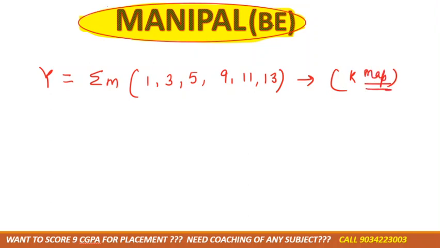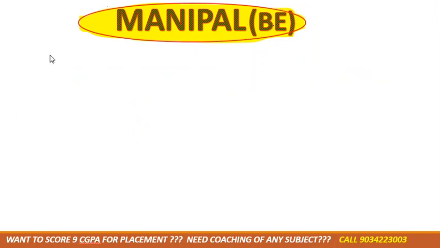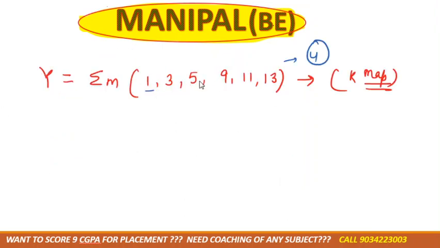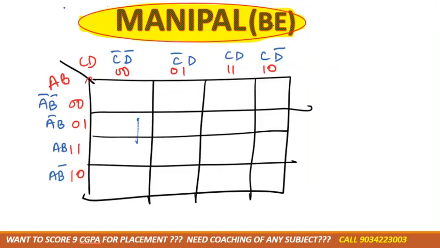Okay, so see how you can do it. As you already know the number is going up to 13, so which variable will you use? 4 variable K map. So draw the 4 variable K map. Okay, this is your 4 variable K map, and in this whatever numbers they have given you, 1 3 5 7, you need to put 1 over that.